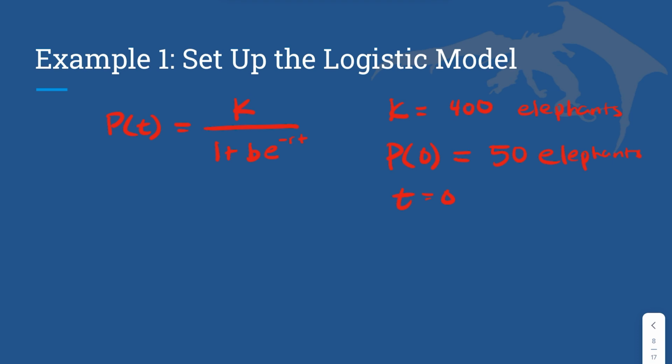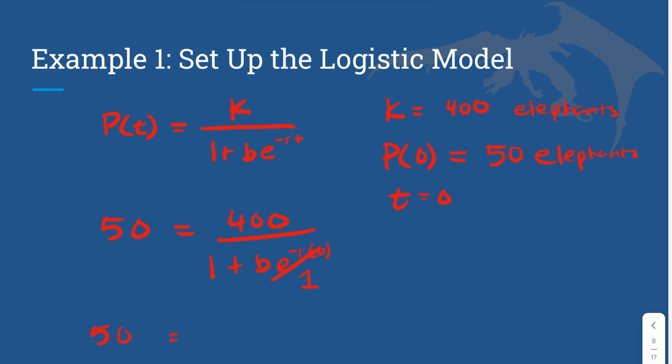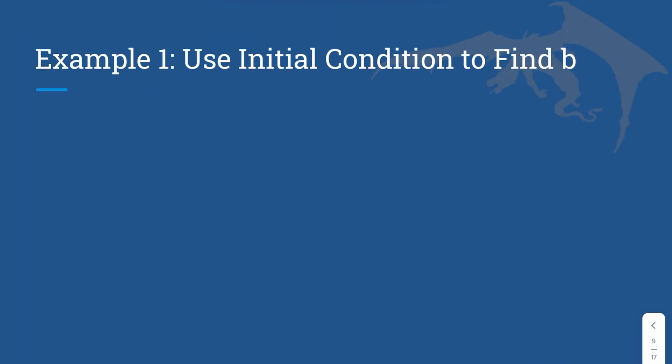So plugging that all in, we get 50 is equal to 400 over 1 plus B times e to the negative r times 0. Well, this will become 1, and so thus we're left with 50 is equal to 400 over 1 plus B. And thus, we can find our solution for B.